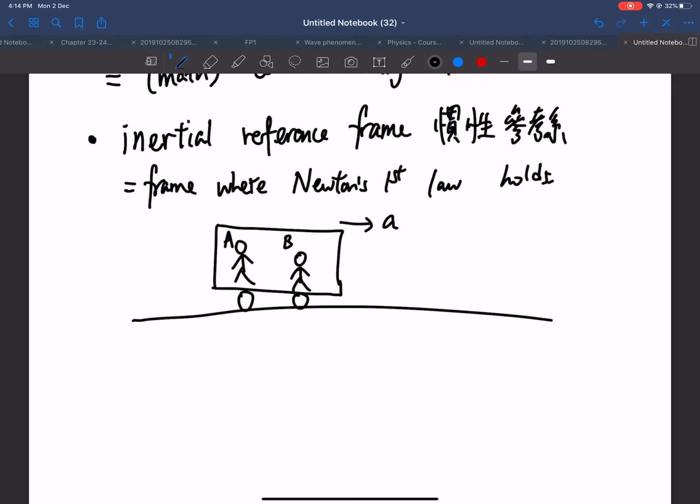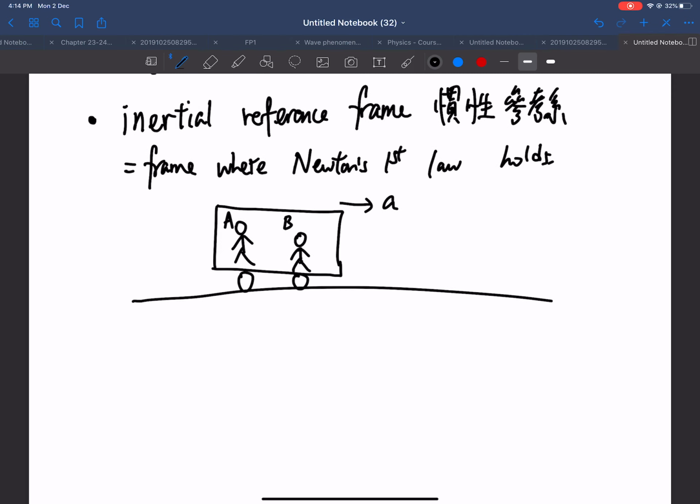Now first of all, we should give some examples of inertial frames. Earth is approximately an inertial frame.